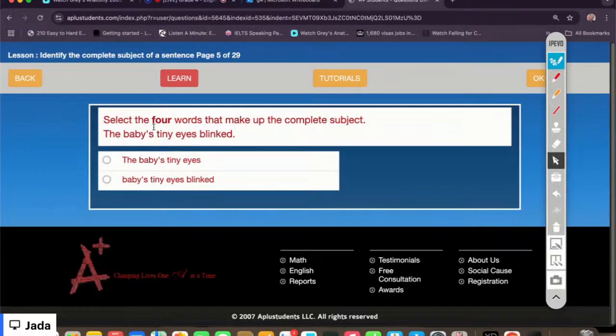The baby's tiny eyes blinked. Four words. We have the baby's tiny eyes, or the baby's tiny eyes blinked. Which of them?